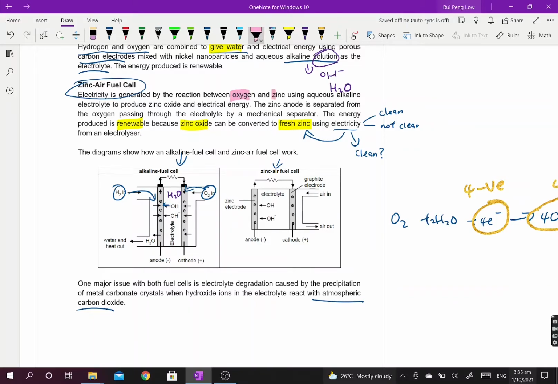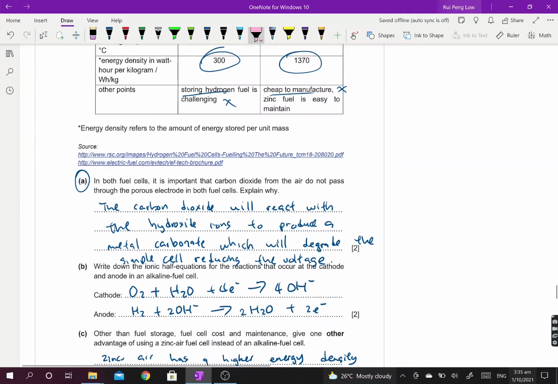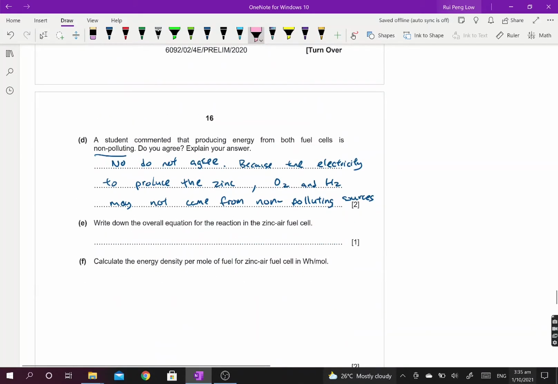It reacts zinc, oxygen with alkaline to give you zinc oxide. Quite easy. So in this case, it will be zinc plus O2 to give you your zinc oxide.